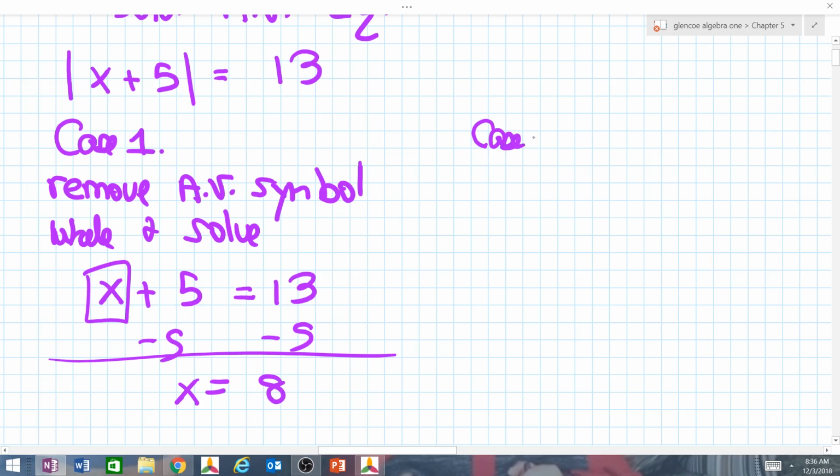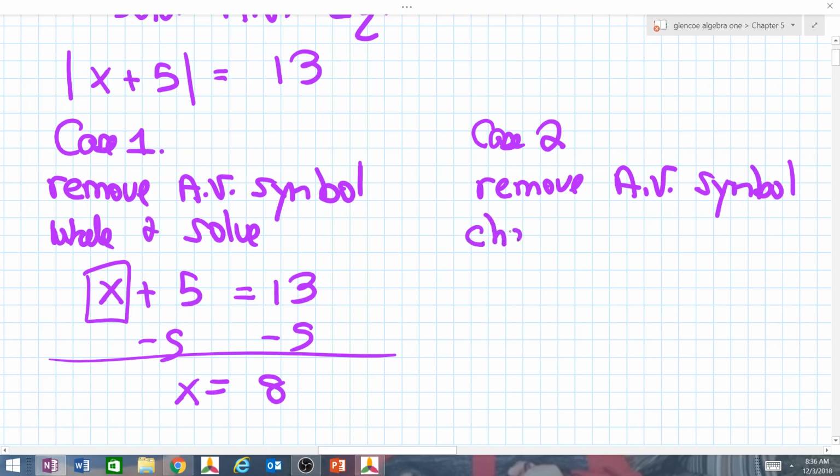In case 2, we remove the absolute value symbol, and we change the sign of the term after the equal sign.